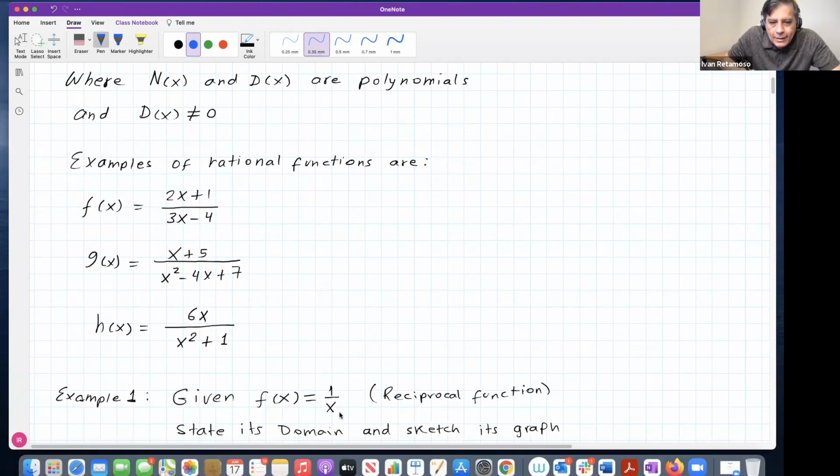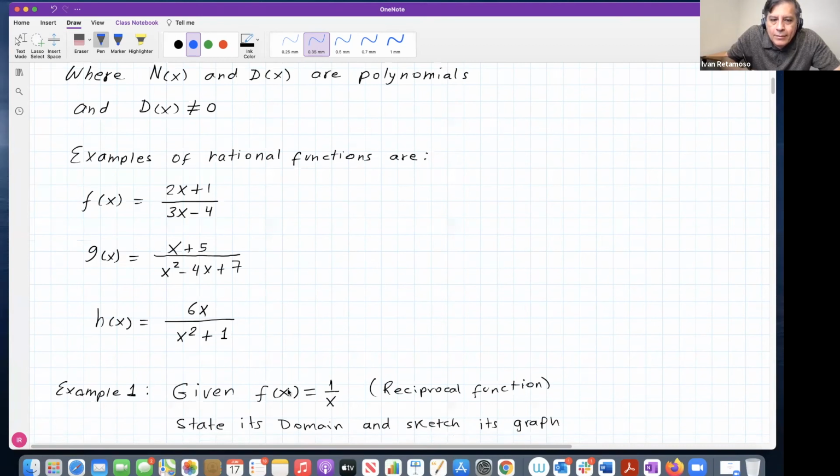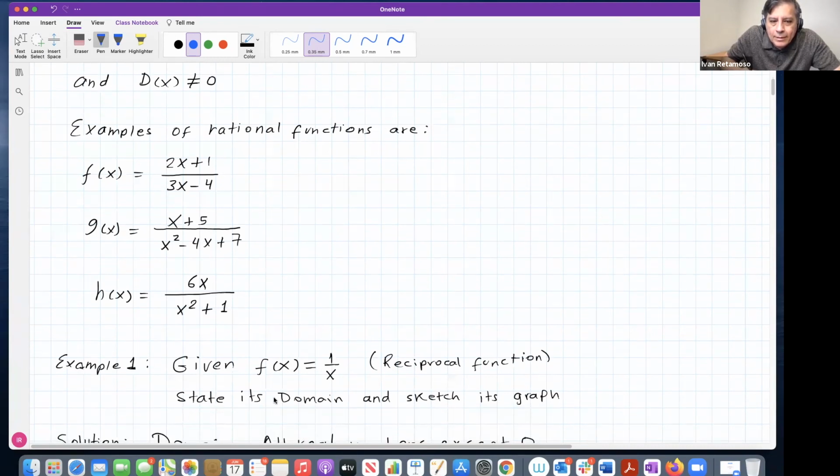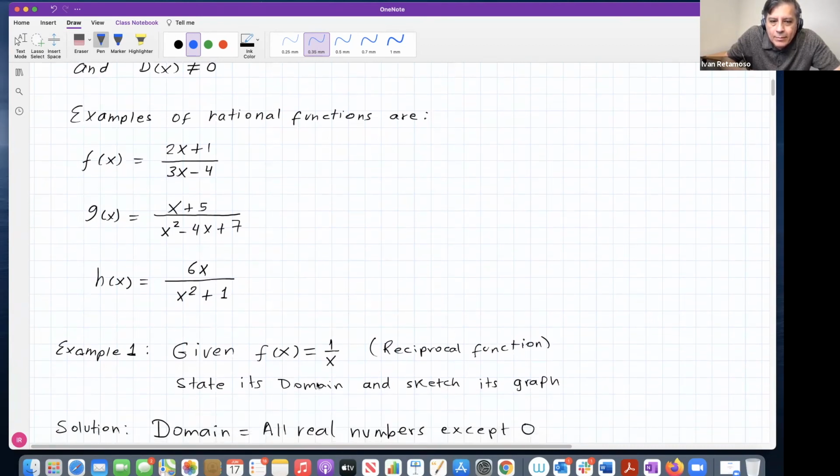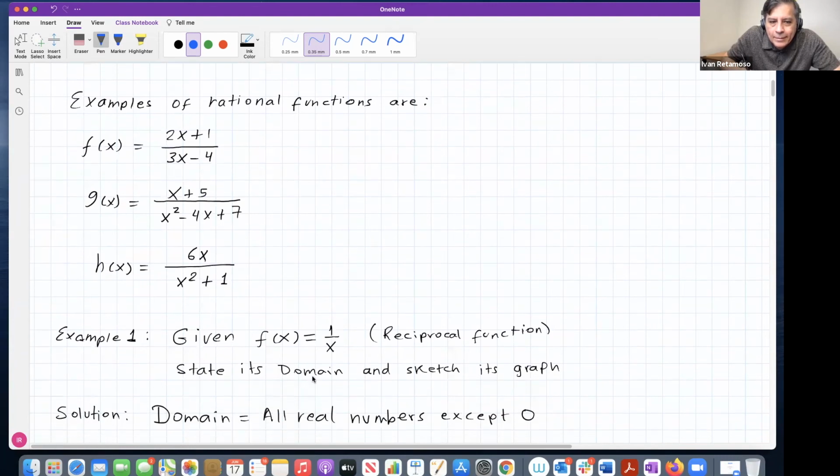This is related to the fact that we got to be careful with the denominator, right? If the denominator is 0, there's no way to evaluate this function. The function will be undefined. So in order to emphasize that limitation, let me give you this example. We're going to study this in detail, and then from there we will generalize this idea of the graphs of rational functions coming in pieces.